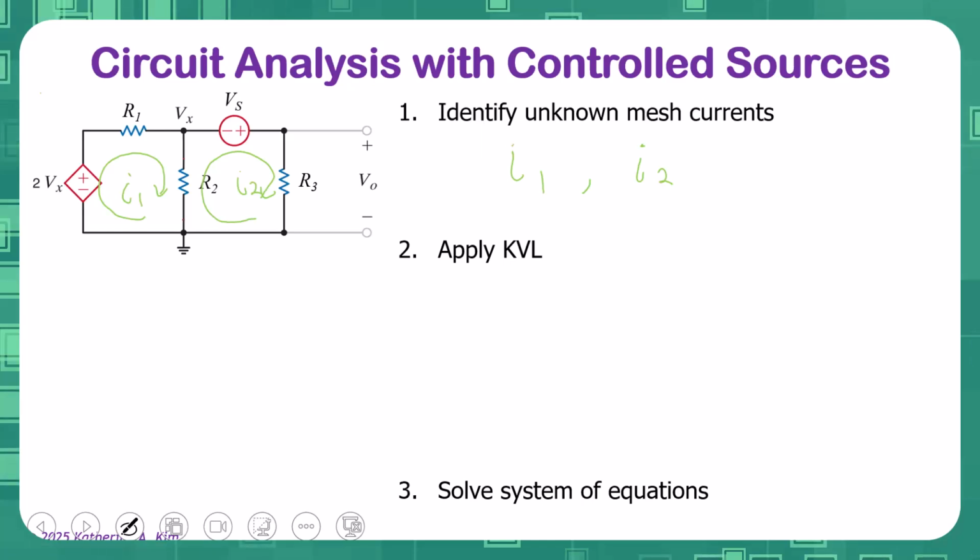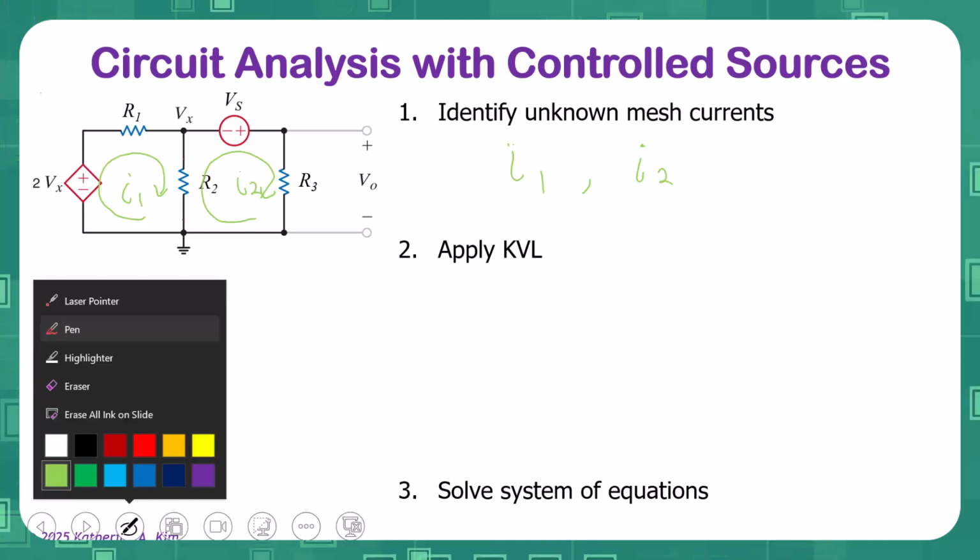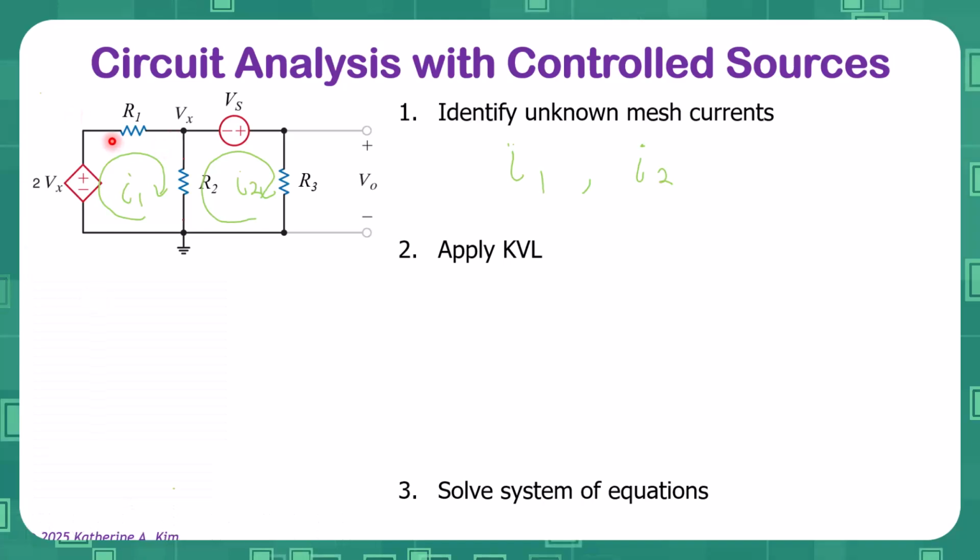And just to double check, you could say, well, do we need to suppress any sources? I'm just going to talk through it because actually we don't need to use it. When we suppress with controlled current sources, you have to be a little bit careful, but we have our voltage sources.